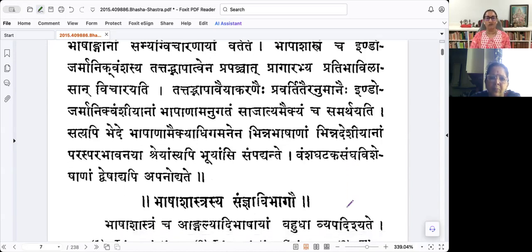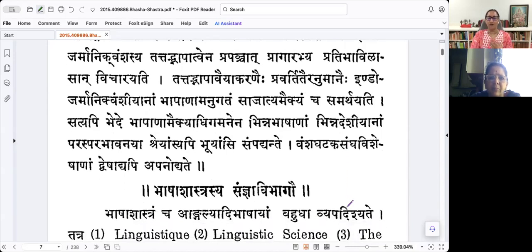It is easier to remove any kind of enmity or animosity that can exist between two people who follow two different languages. You are trying to say that the roots are the same. Why do we have to fight amongst each other? That sort of lokahitam is also achieved by such study.